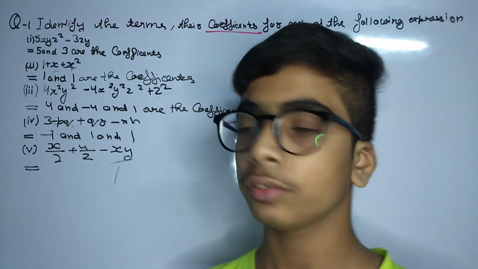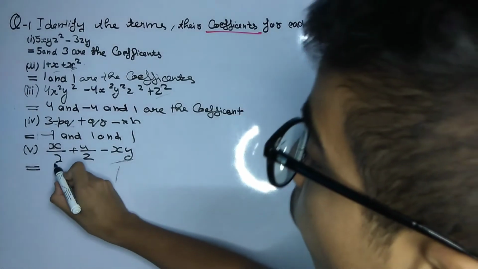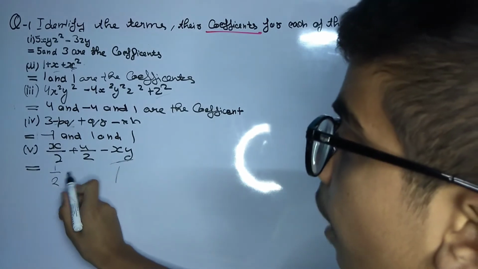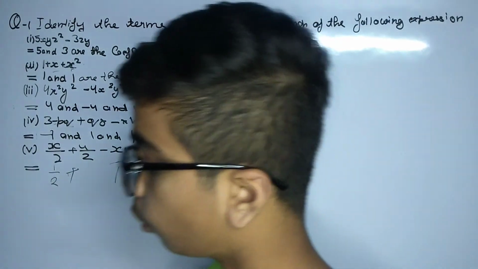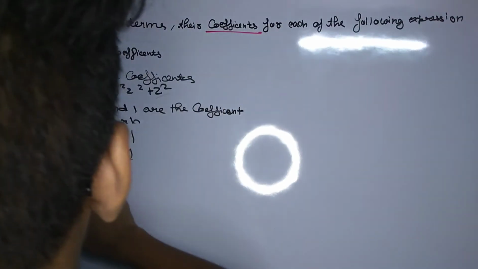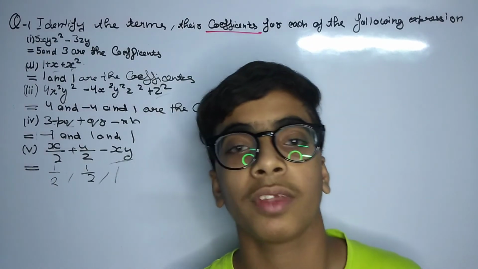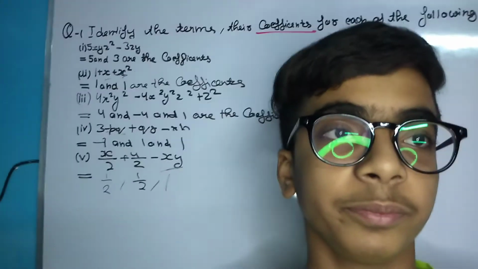Here it will come 1 upon 2, and here y is the same concept as the x upon 2, so 1 upon 2 again comes here. That's all for this part. Meet you in the next part.